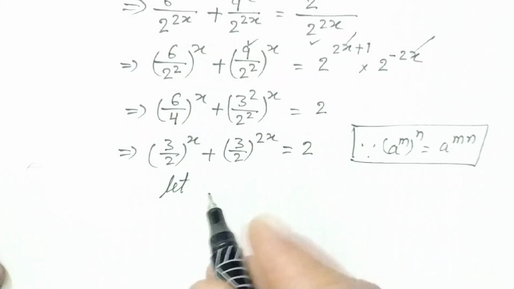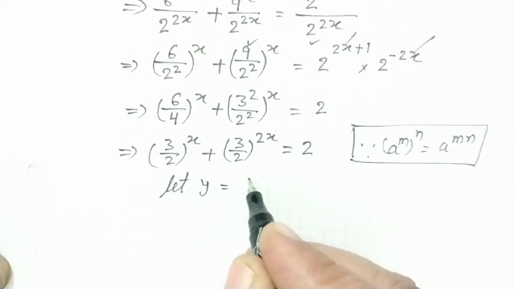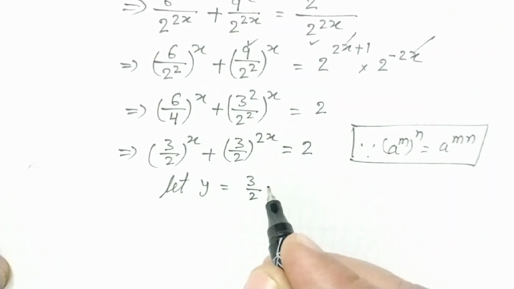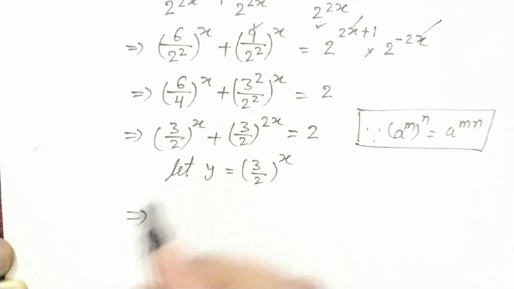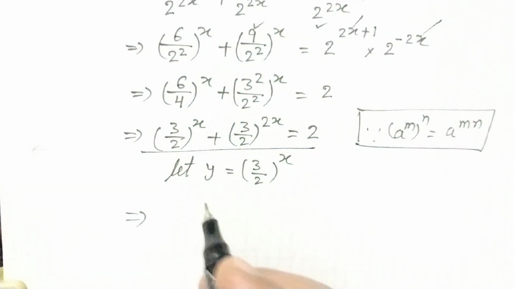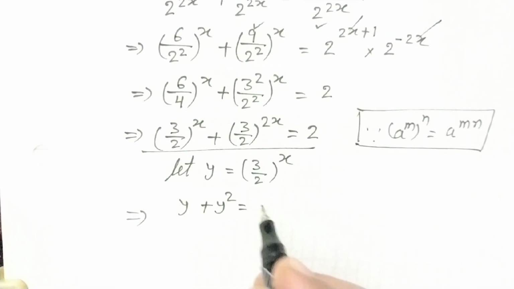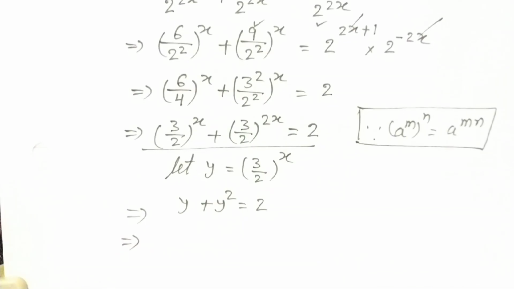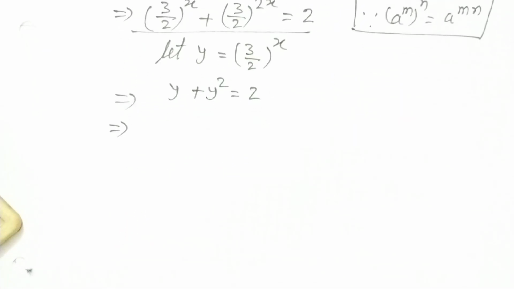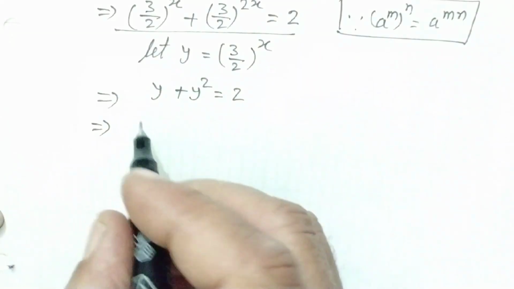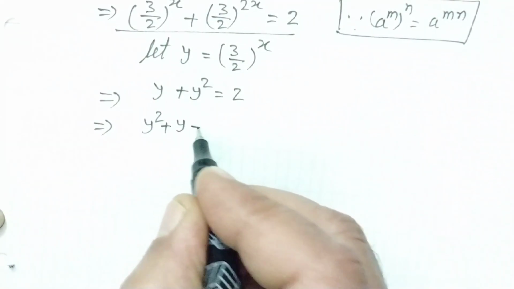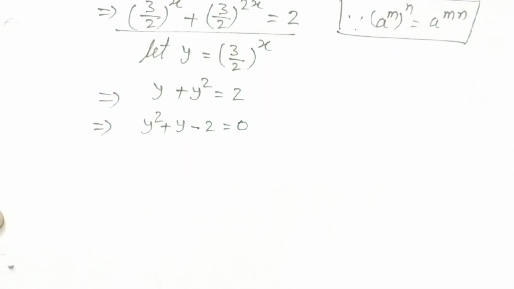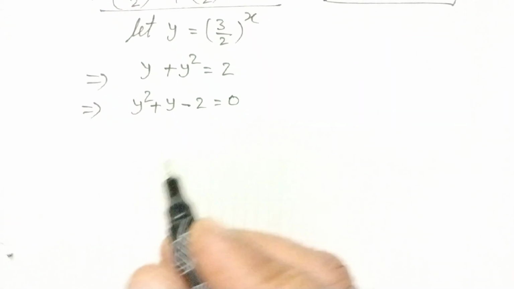Let y is equal to 3 by 2 to the power x, right? So this equation will change as y plus y square is equal to 2. If we rearrange the equation, y square plus y minus 2 is equal to 0, right?